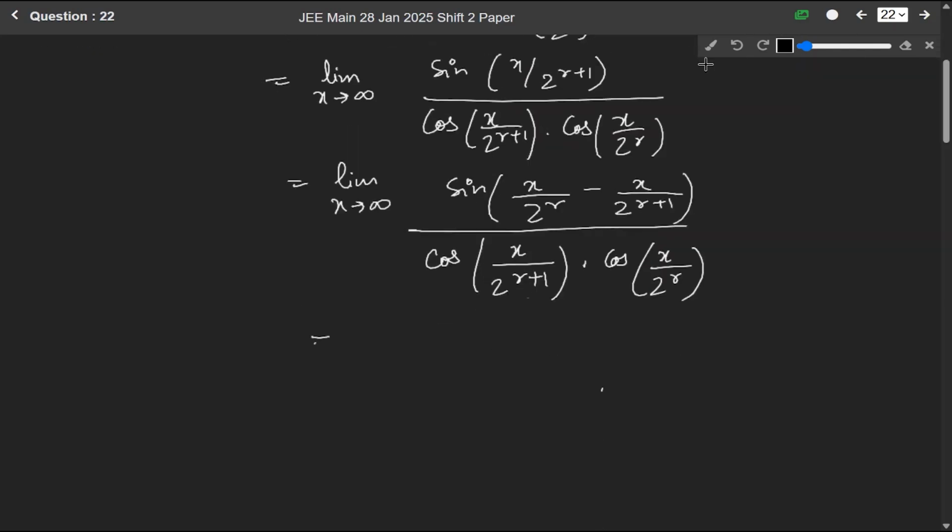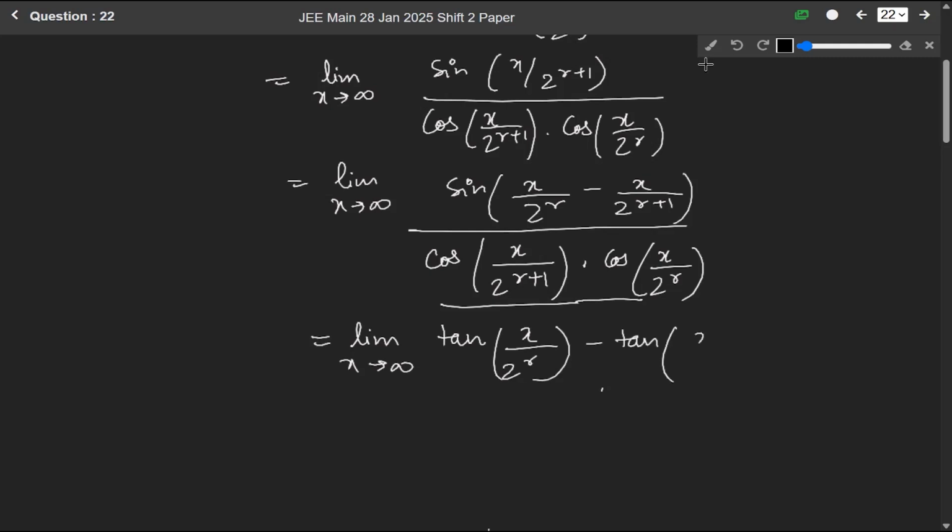Now, this is sine x over 2r minus sine x over 2r plus 1, and this is cos into this cos. So it can be written as limit x tends to infinity of tan x over 2r minus tan x over 2r plus 1.